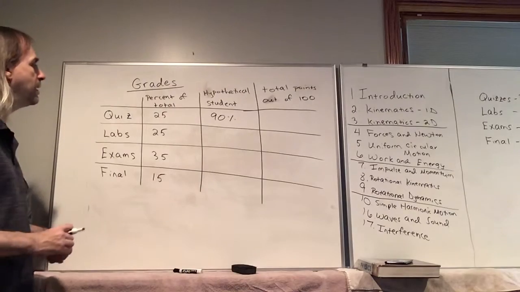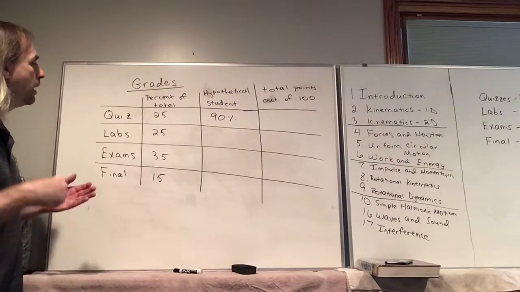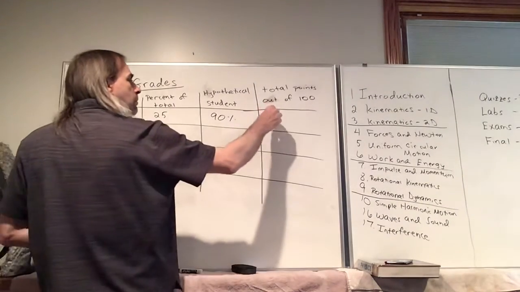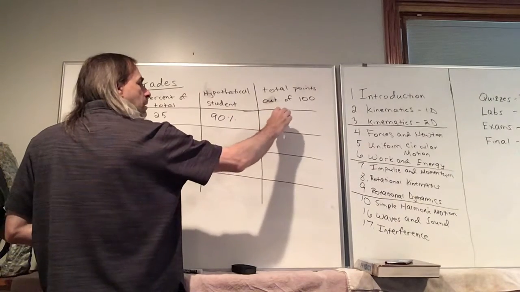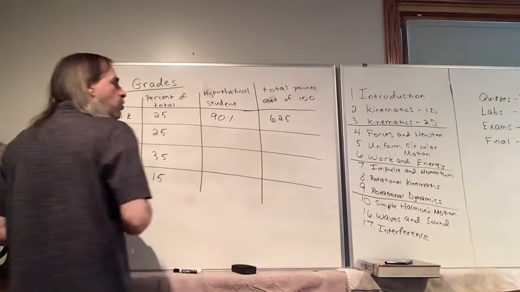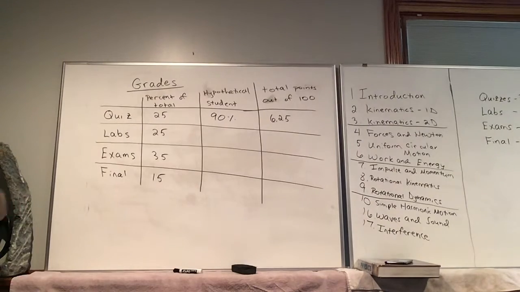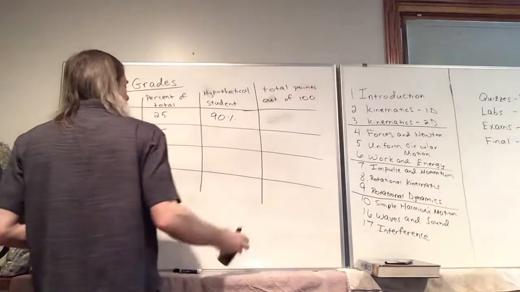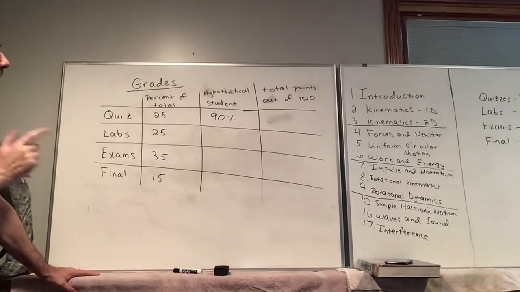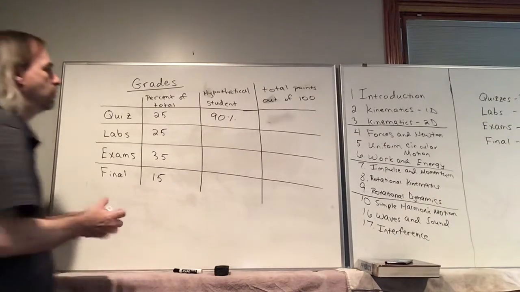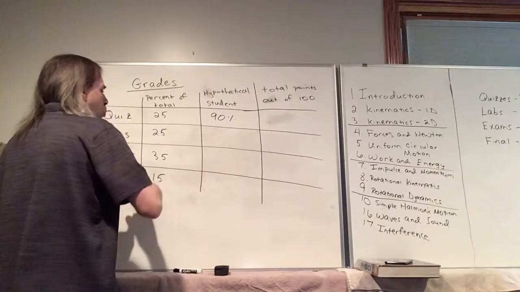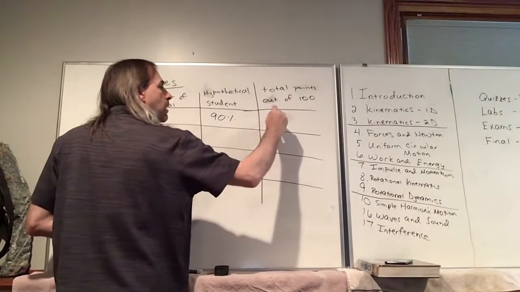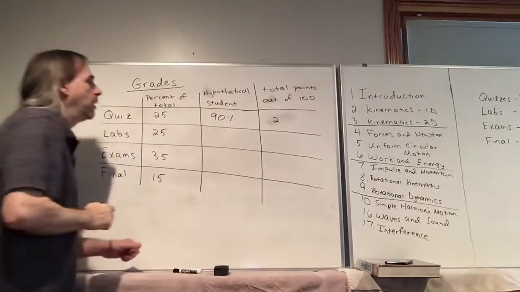Now 90% of 25, what's that? 6.25. Wait a minute, I'm sorry. Completely ignore that. What was I thinking? Okay, 90% of 25. I'm thinking a quarter of 25, but yeah.